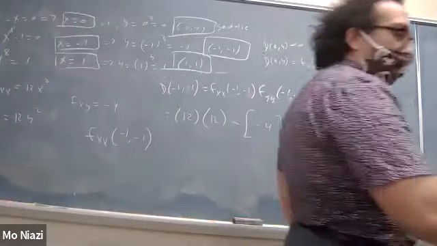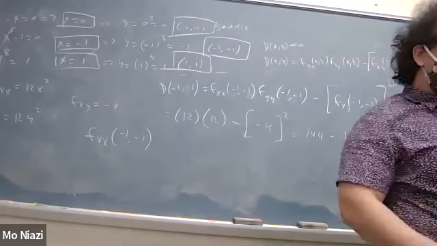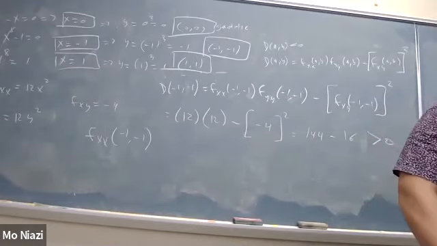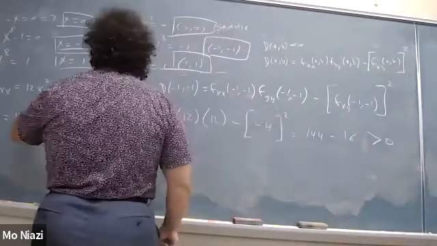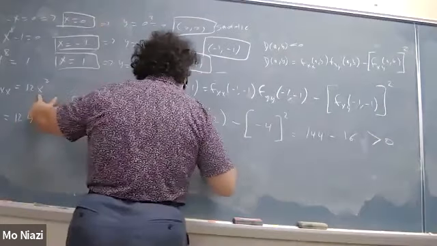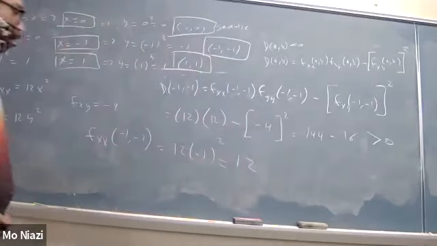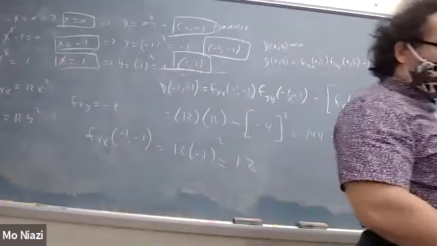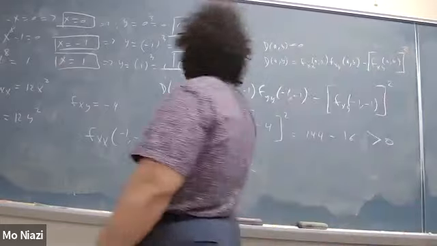The sign of that determines whether we have a local minimum or local maximum. If that is greater than 0, we have a minimum. If that is less than 0, we have a maximum. So what is it? Well, that's this. It's positive, so we have a minimum. So this is a minimum.